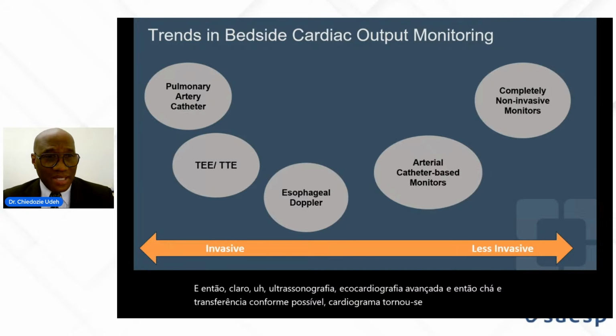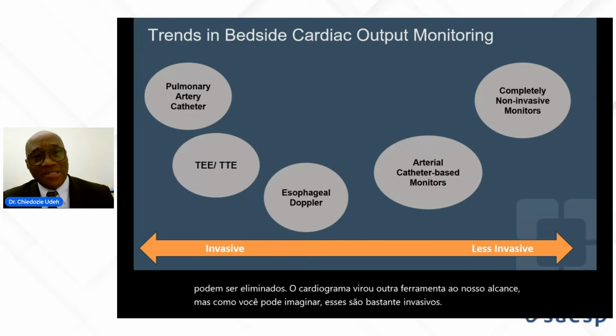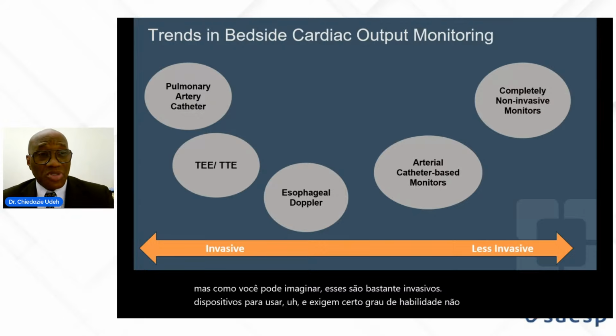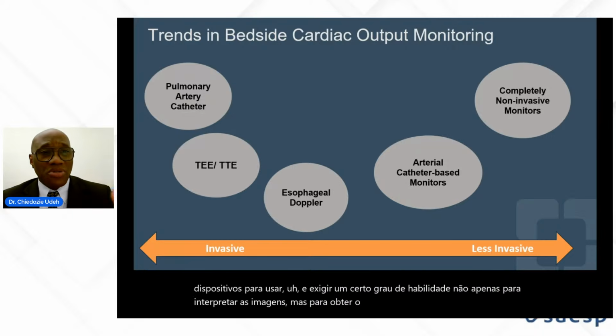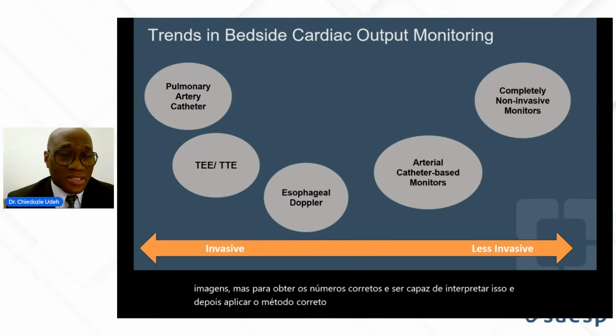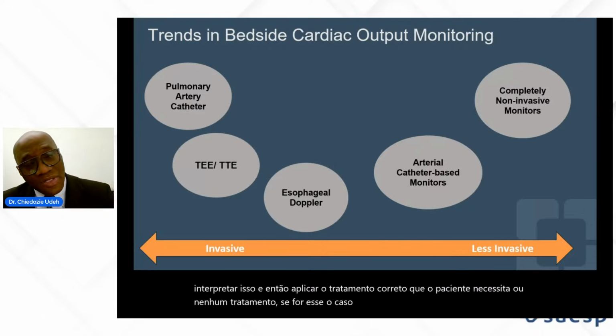But as you can imagine, these are fairly invasive devices to use and require a certain amount of skill, not just to interpret the images, but to obtain the right numbers and to be able to interpret that and then apply the right treatment that a patient requires, or no treatment if that's what the case is. And of course, we keep looking for other devices to help us.